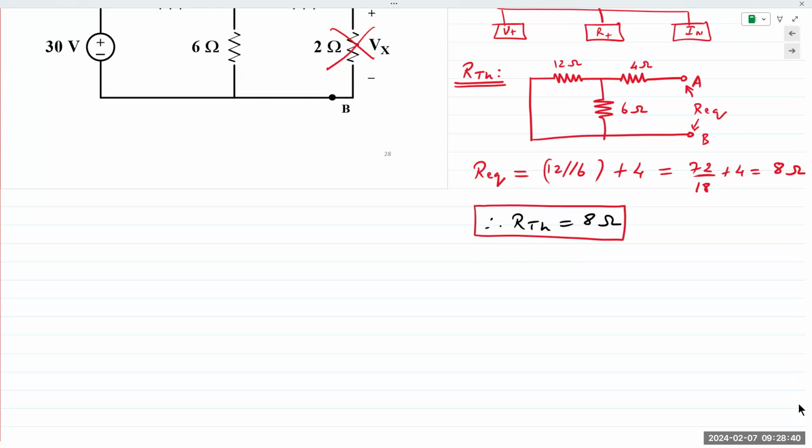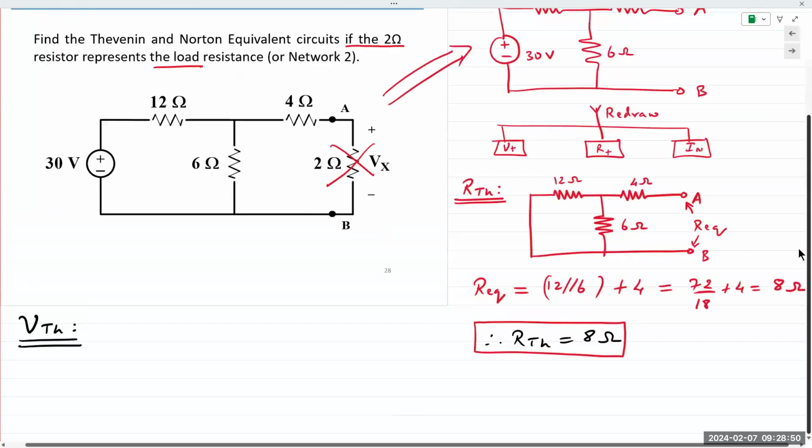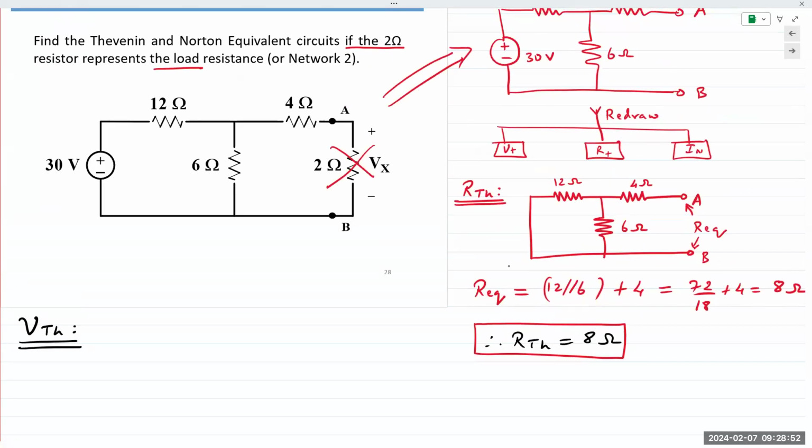Easy enough. All right, VOC. VTH, Thevenin voltage. Once we find the values for RTH and the circuit diagram, we forget this, okay? It is no longer part of our analysis.